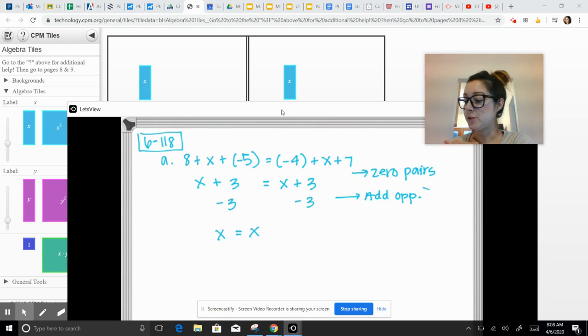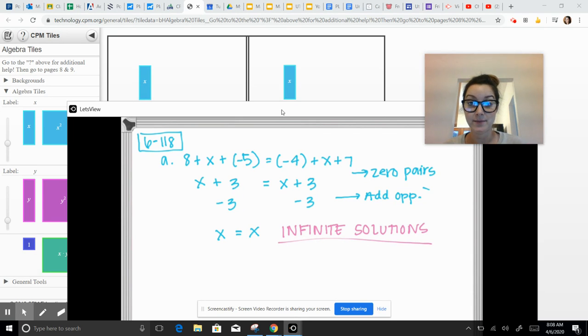So this is a special type of solution. If you end up with x equals x, and they're completely balanced, like there's nothing else, it's just x equals x, then that leaves us with infinite solutions, because that means that x can equal any number and it will work.